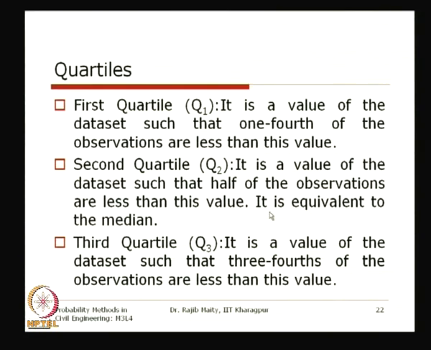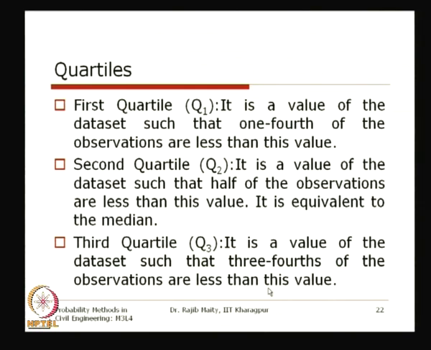This is known as the second quartile, which is also equivalent to the median, just as we discussed, because half of the data is less than that particular value. And the third quartile is similar, but it is 3/4, that is 75% of the data, that is less than it. So it is a value of the data set such that 3/4 of the observations are less than this particular value.